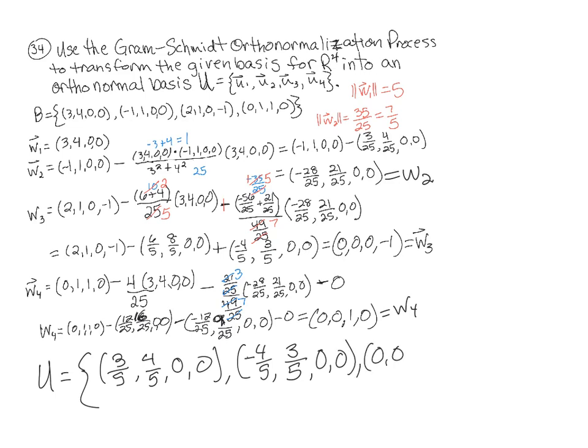Next is 0, 0, 0, -1, and last is 0, 0, 0. I'm sorry, did it again? That guy's a 1. I sure did want that 1 to be in the back, but no. And there is your new orthonormal basis.